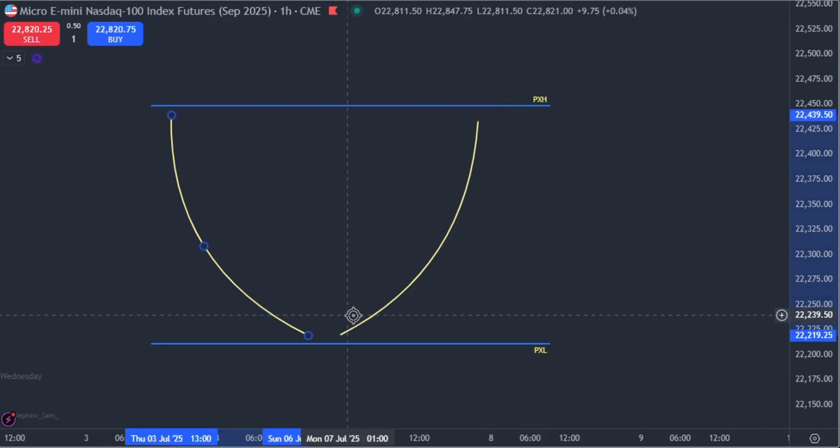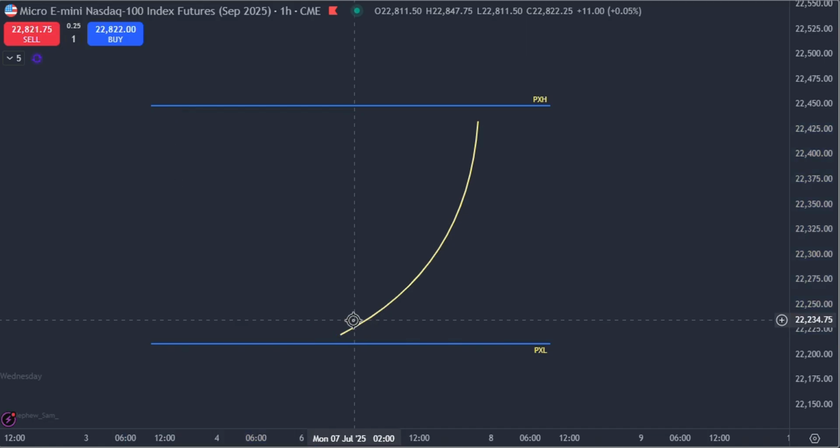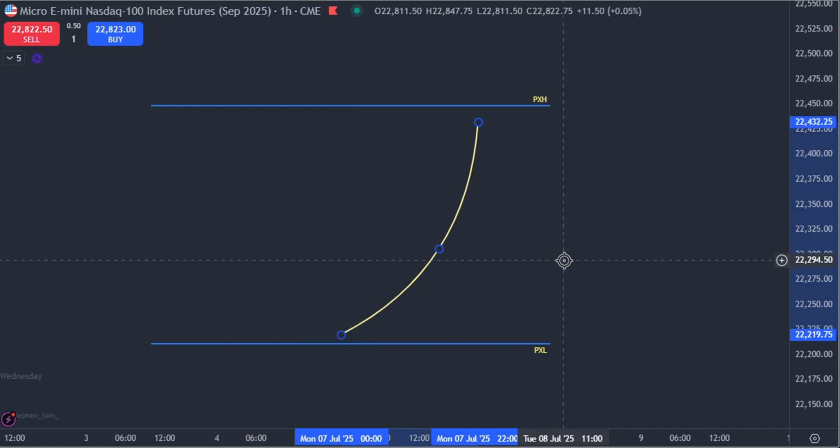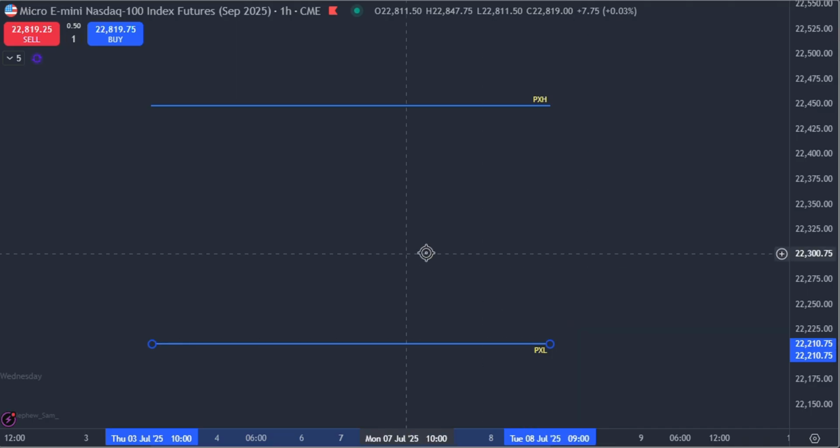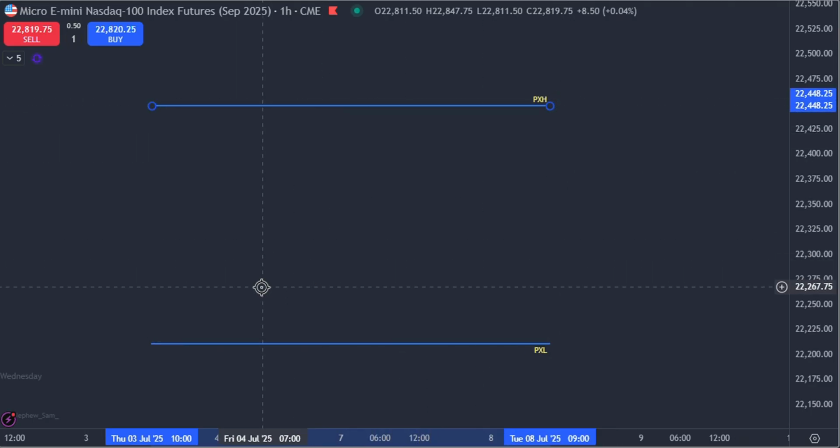So let's look at one of the things that I look for, which is a previous session. Previous session, we want to look at Asia highs and lows. This could be an Asia low right here. And then if we sweep a previous session low, we're going to target a previous session high.